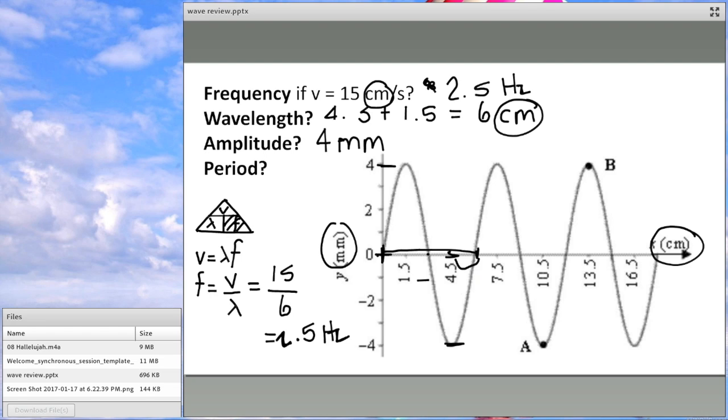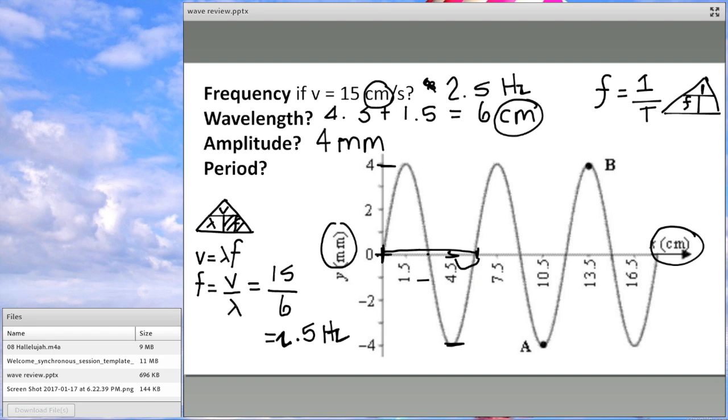And then the period, right? Our period is F equals 1 over T. Okay, so if I want to find T, again, I can put that in the triangle. You don't need to do any more work than you have to, so don't bother doing algebra if you don't have to.